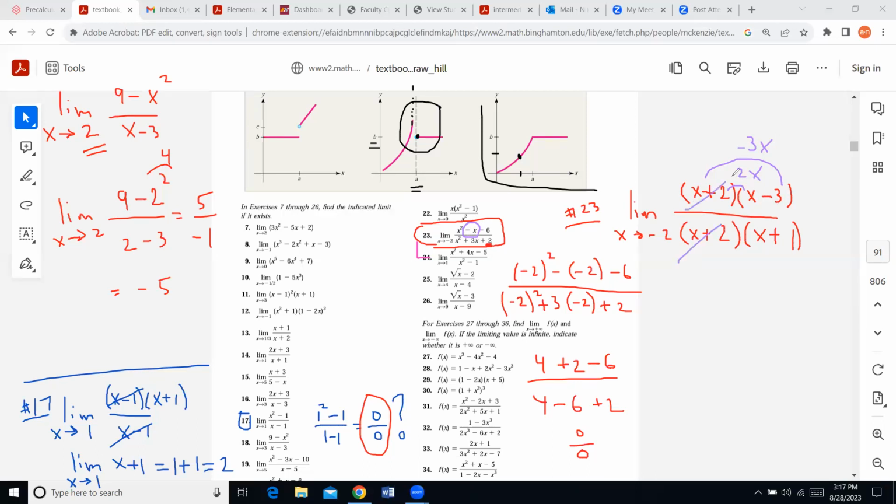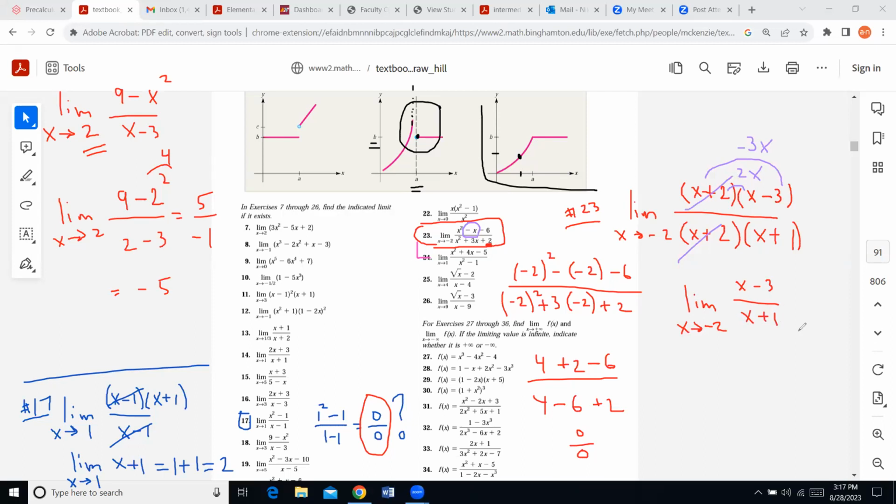And this enables me to cancel, and that's just what I need, because now I have a limit when x is sent to -2, and this is x -3 in the numerator, and x plus 1 in the denominator.